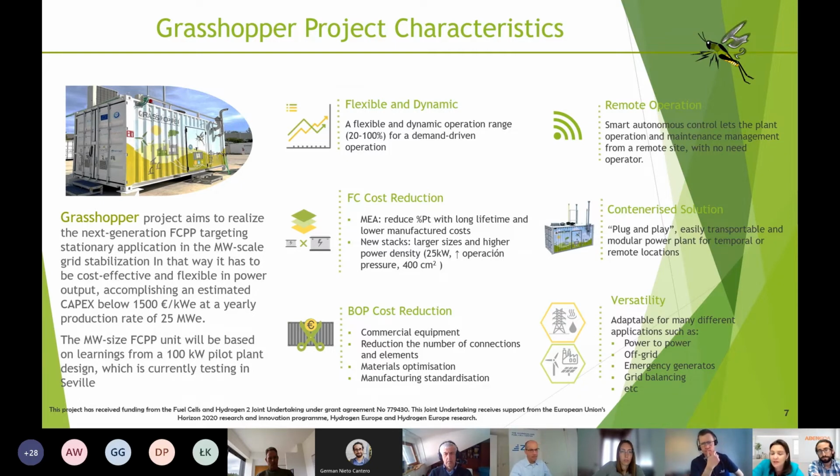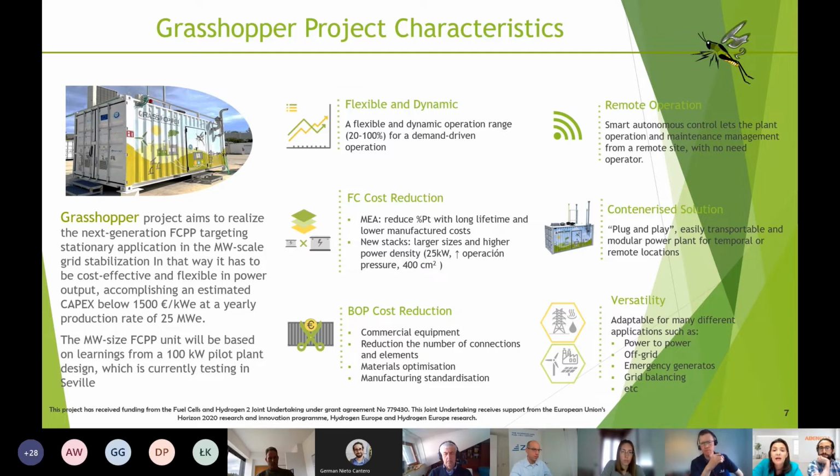So the plant could be running in a remote location, and we can supervise it from Seville, for example. With the same objective, the plant is designed in a containerized solution for easy plug and play installation.